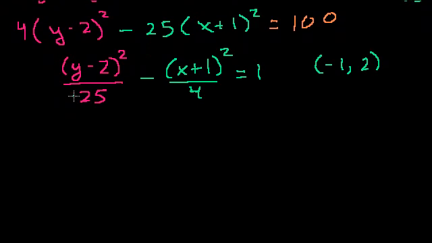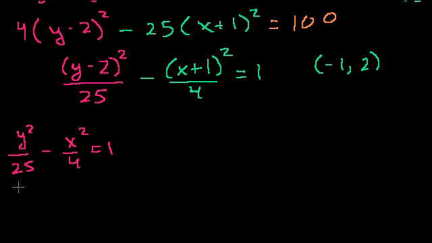This is the way I always do it, because I always forget the actual formula. If this was centered at 0, it would look something like this: y squared over 25 minus x squared over 4 is equal to 1. I do this to figure out what the asymptotes would have been if we were centered at 0, because it's a lot easier to deal with these equations than to deal with these. We're kind of unwinding what we just did.